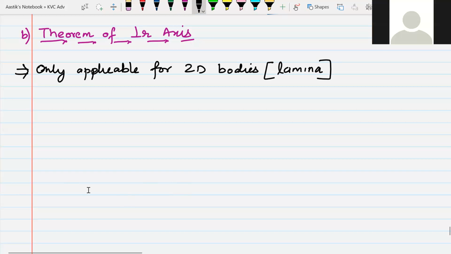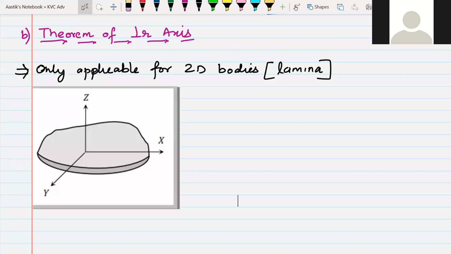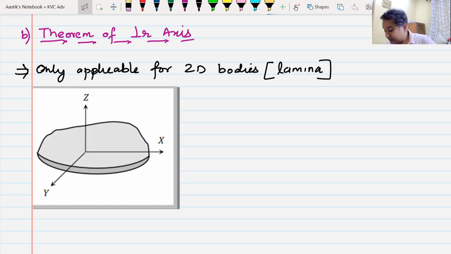Yes, you have drawn? What should we draw, sir? Oh, sorry, it was paused. Okay. Draw this diagram.